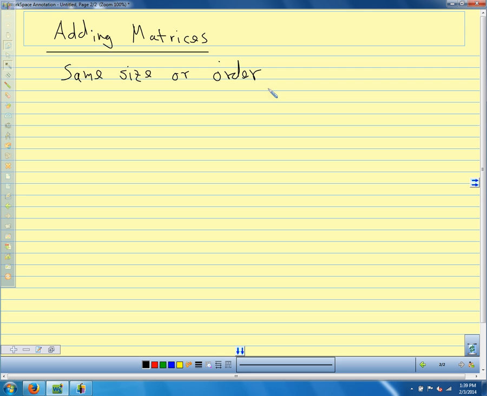And we add the corresponding elements. So we're going to say A plus B equals the matrix Aij plus Bij. We're just going to add corresponding elements.